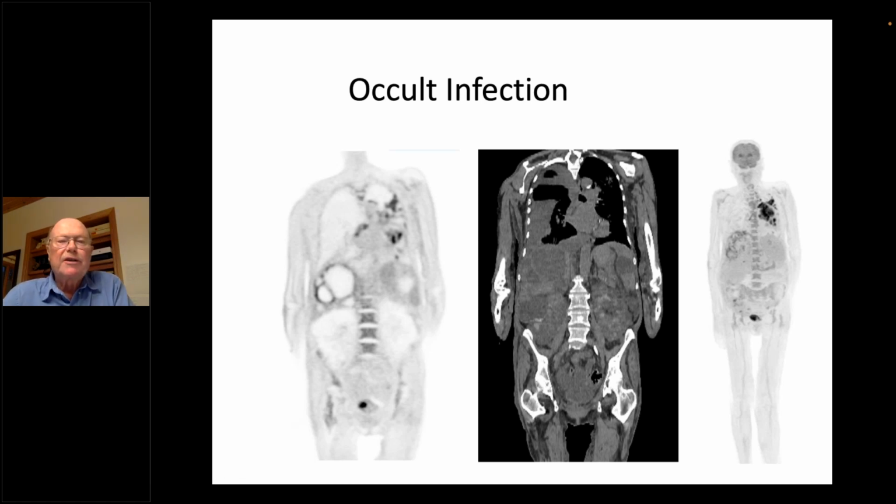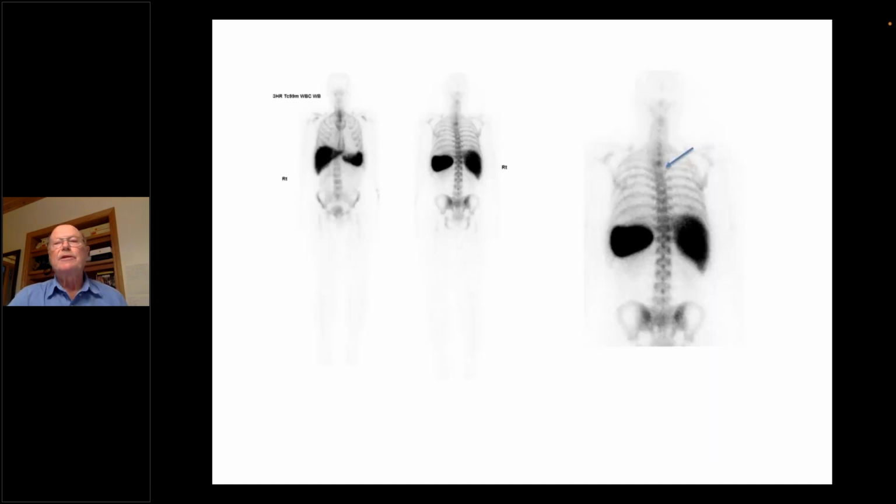Because FDG PET isn't available universally, I'll also mention alternatives, and a frequently used one is technetium labeled white blood cells. Here you have a patient with MSSA bacteremia and no known source.